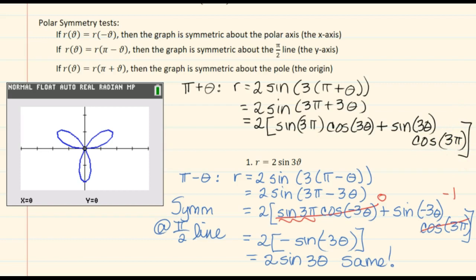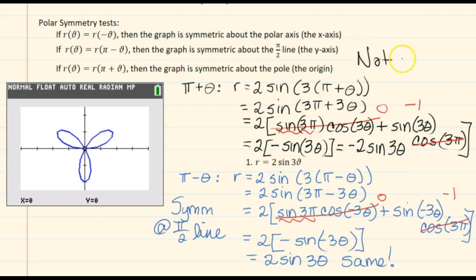And we can see things can simplify. We know that sine of 3 pi is equal to 0, so all of that is 0. And cosine of 3 pi is negative 1. So that's going to give me 2 times a negative sine of 3 theta, which is negative 2 sine of 3 theta, not the same thing as our original equation. So we know that it is not symmetrical about the pole, or the origin.